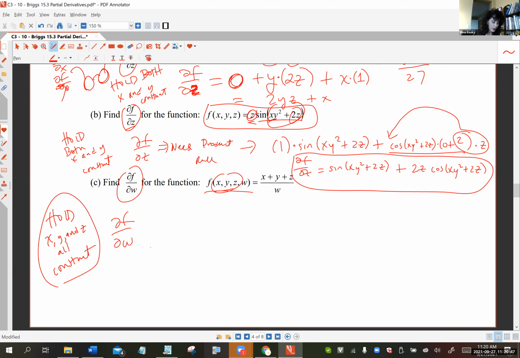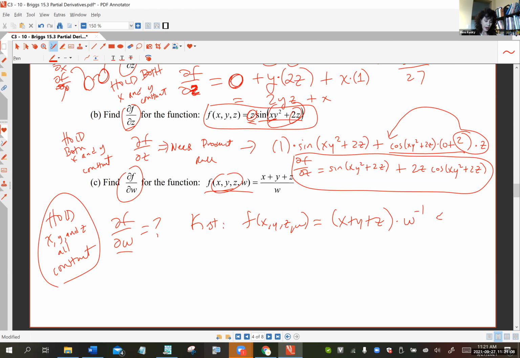And we'll take the derivative with respect to w. So what I'm going to do first, just to make this problem easier, is I'm going to rewrite the function itself, because I want to do the rewrite so I can do the power rule. I could use the quotient rule, but that's overkill for this problem.